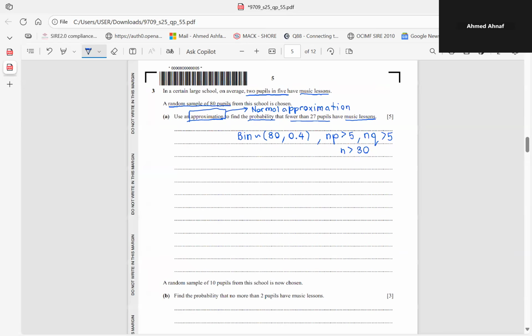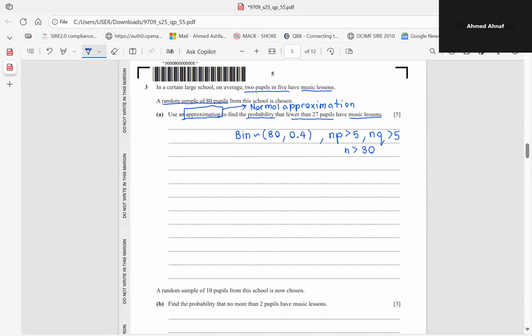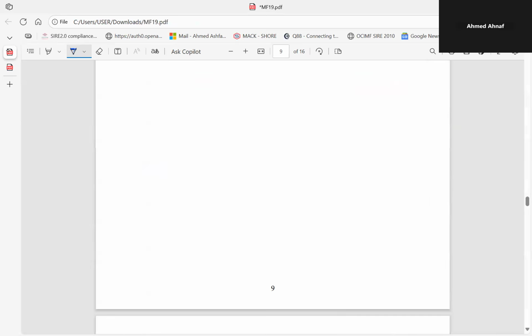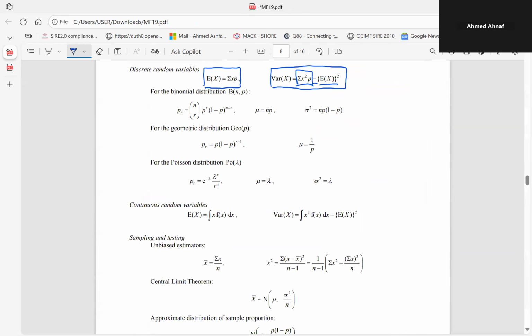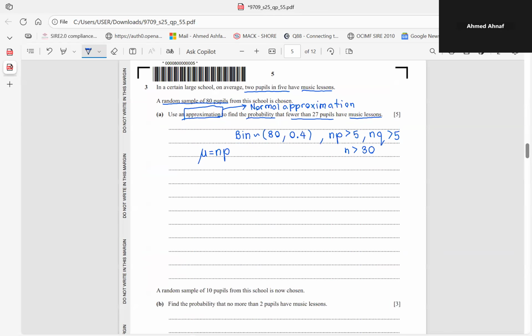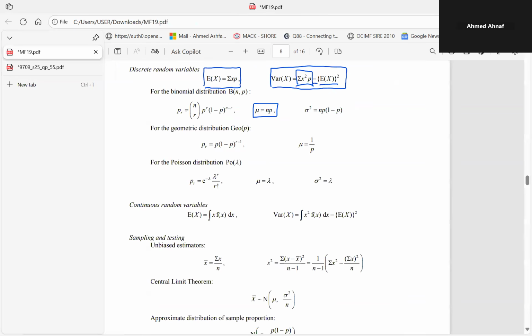So in order to use the normal approximation, we have to find our mu, the mean, which is n times p. It's given in your MF19 right here. Mu equals n times p, so that's 80 times 0.4, which is 32. And sigma squared is also given.